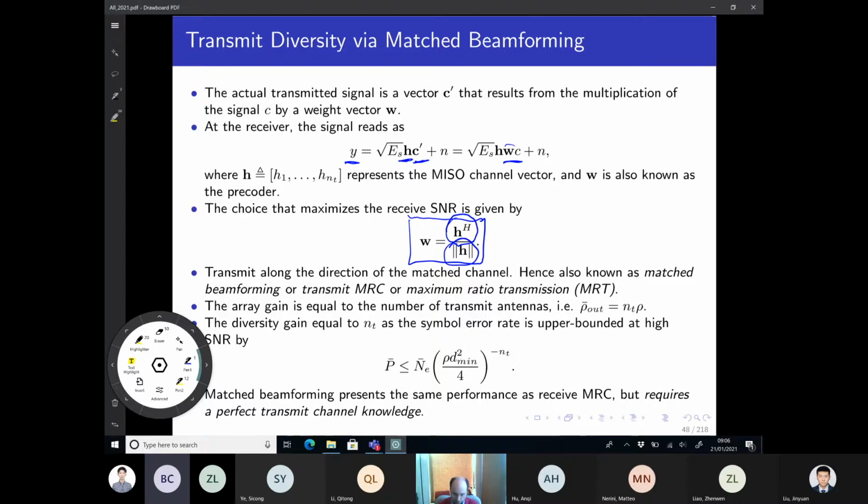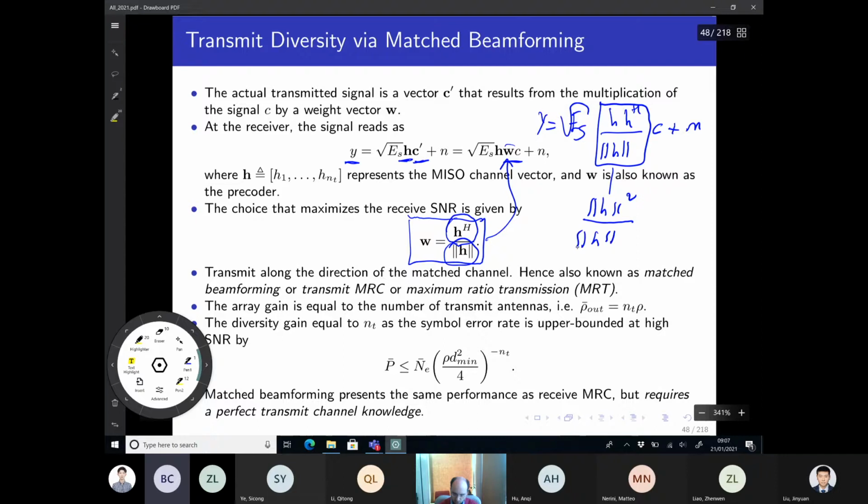So what we said is that if you do that and you plug this in, what you end up with is a system model that looks like this: h multiplied by h Hermitian divided by the norm of h, multiplied by c, plus some noise. And so this is equal to the norm of h squared divided by the norm of h, so this is actually the norm of h.